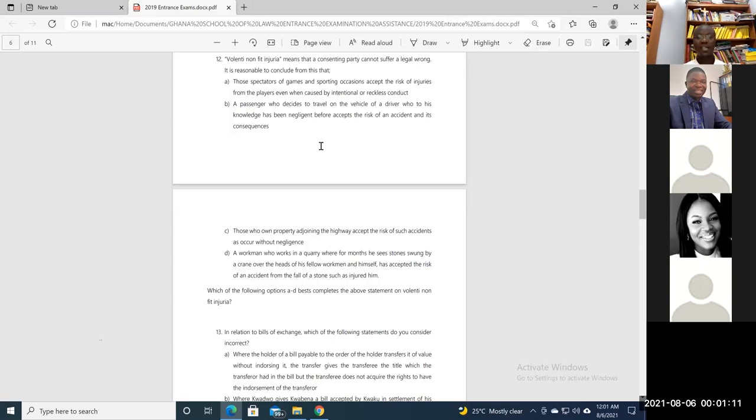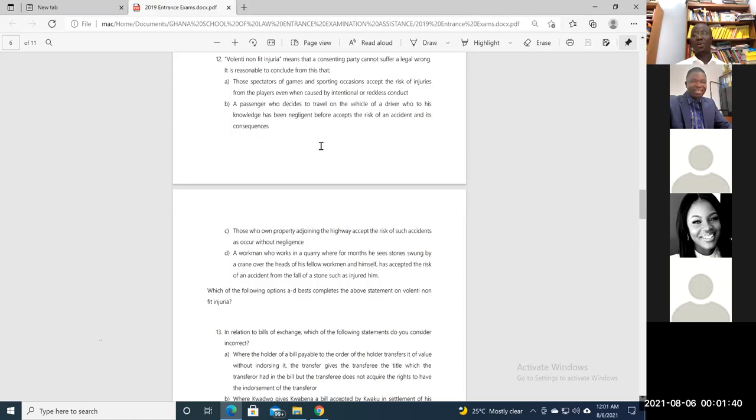B, a person who decides to travel on a vehicle of a driver who, to his knowledge, has been negligent before, accepts the risk of an accident and its consequences. No, B is not a reasonable answer, because if someone had been negligent in driving before, it does not mean that for the rest of his life he has a license to be negligent in his driving.